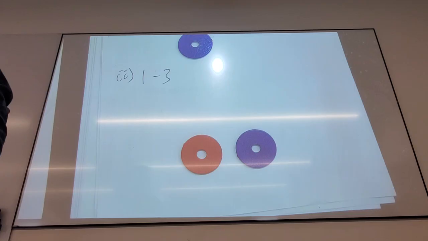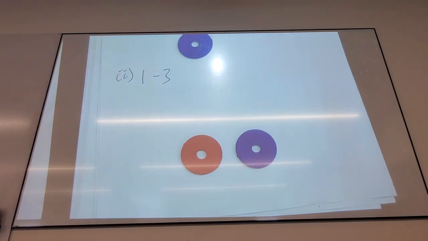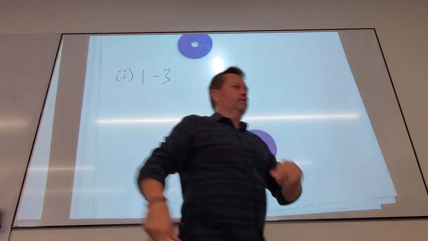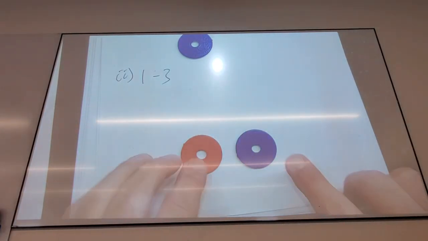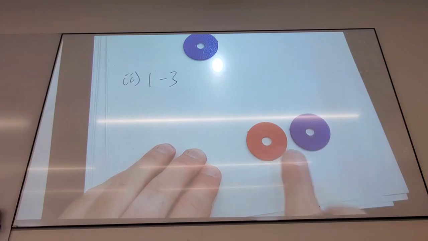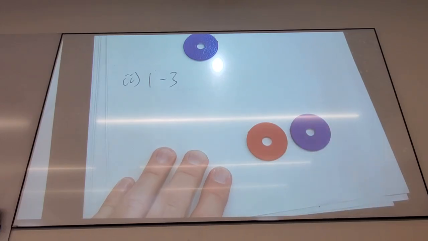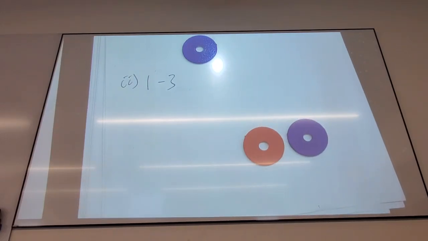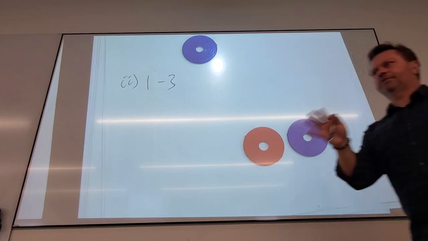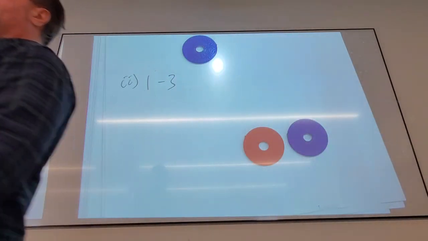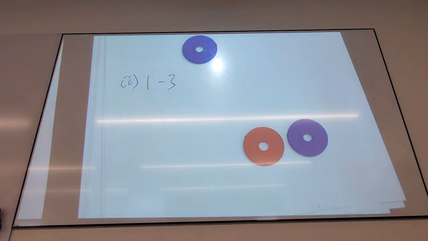So if I have -1 and I have 1, if I owe somebody $1 and I find $1, I'm out of debt. I'm back to 0. I'm back to neutral. So this pairing together actually represents 0. And I also know what's special about the number 0 in terms of addition. It keeps the number the same.